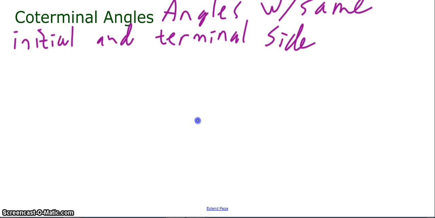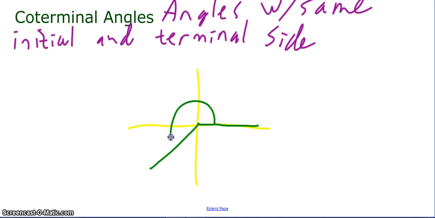So, for example, if I draw, let's say, this angle here, this is some alpha. Well, I'm not restricted to just going around once. So I could draw, well, let's see, the negative angle would be beta.